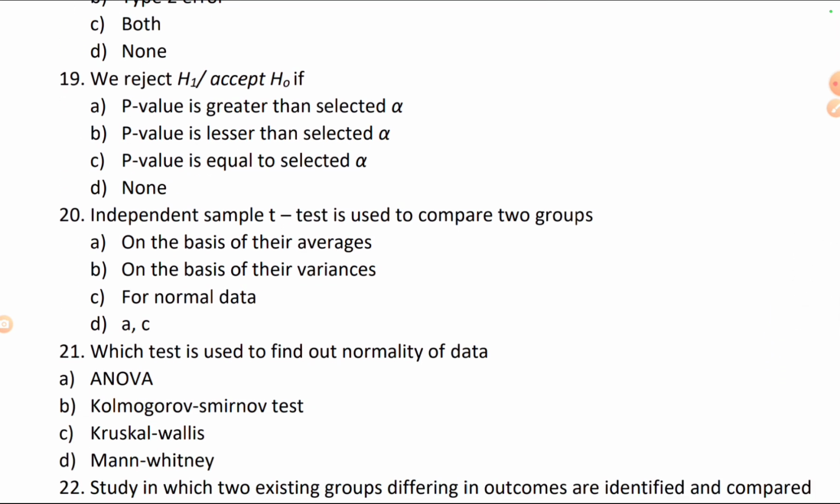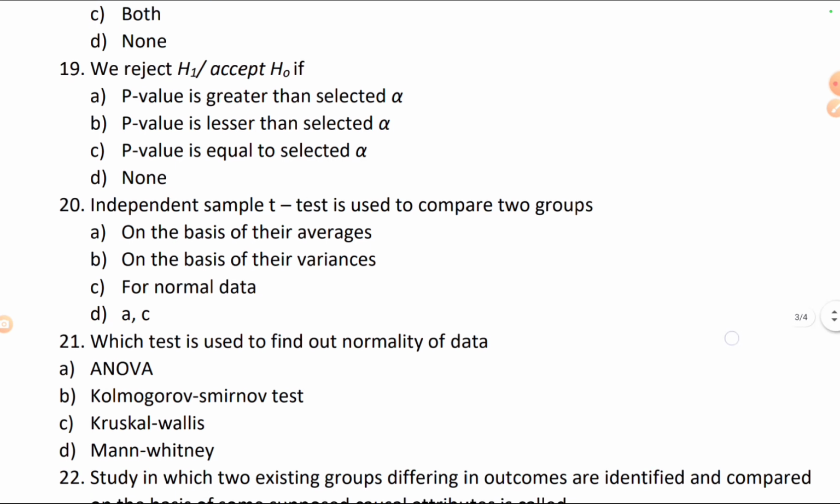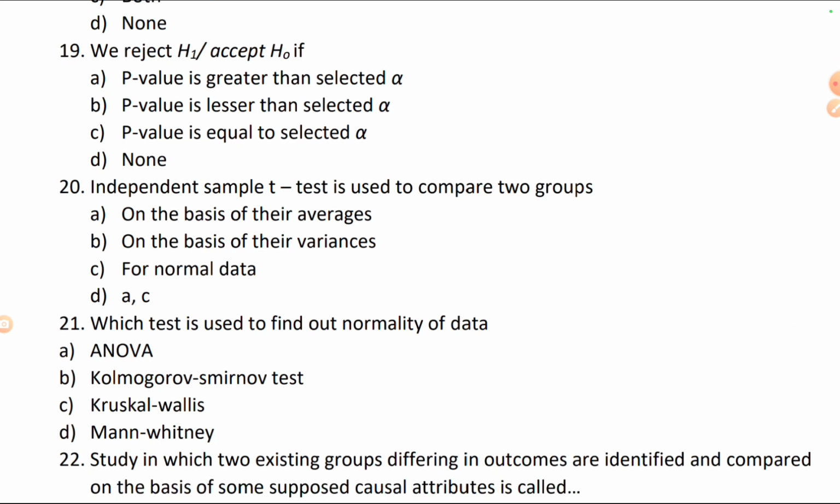We reject H0 if option A, p-value is greater than selected alpha, B, p-value is lesser than selected alpha, C, p-value is equal to selected alpha, D, none. Option A, p-value is greater than alpha.